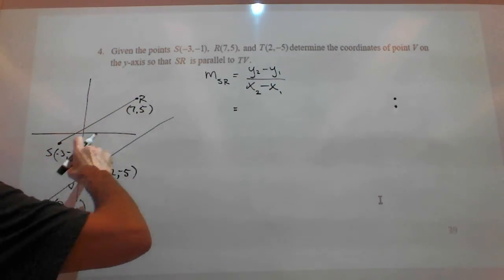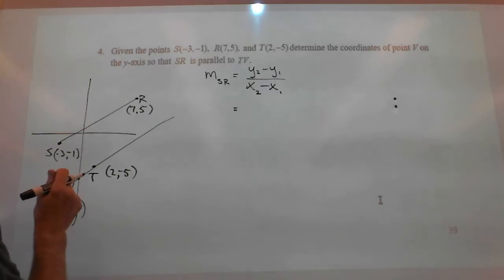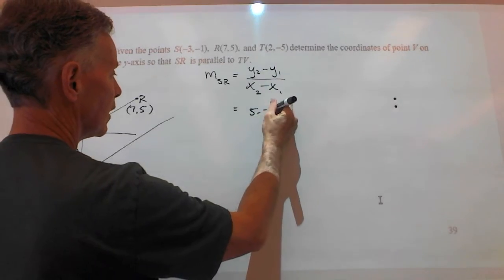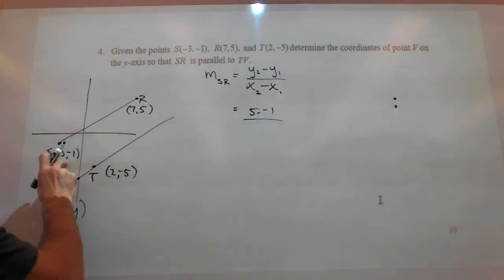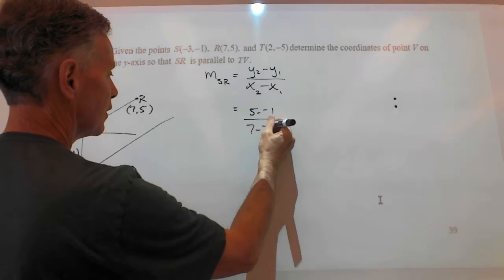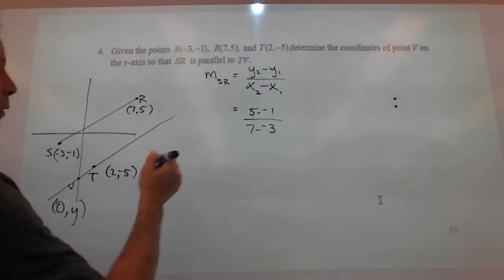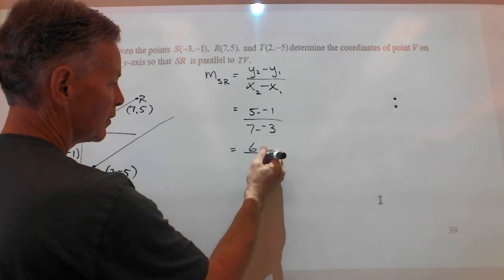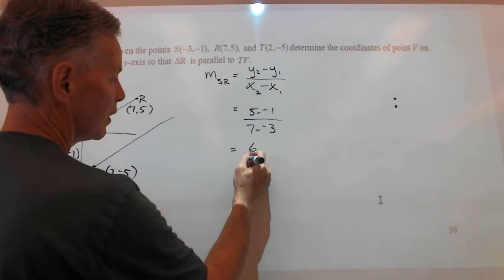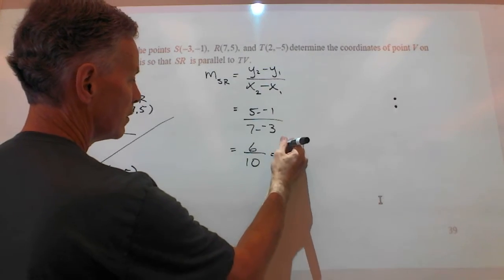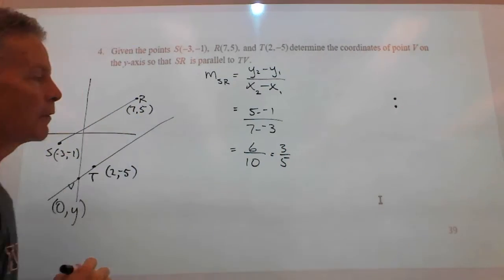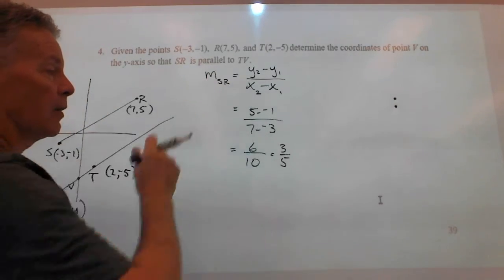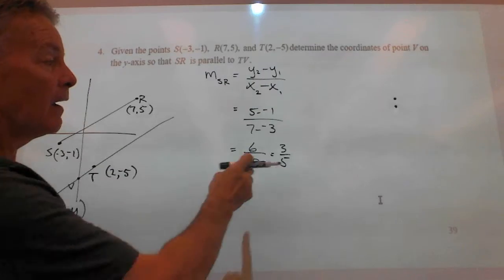Since we have values for both points, we can plug them in. y2 minus y1 will become 5 minus -1. x2 minus x1 will become 7 minus -3. That will give us a slope of 5 minus -1 is 6, 7 minus -3 is 10. More simply, 3 over 5.